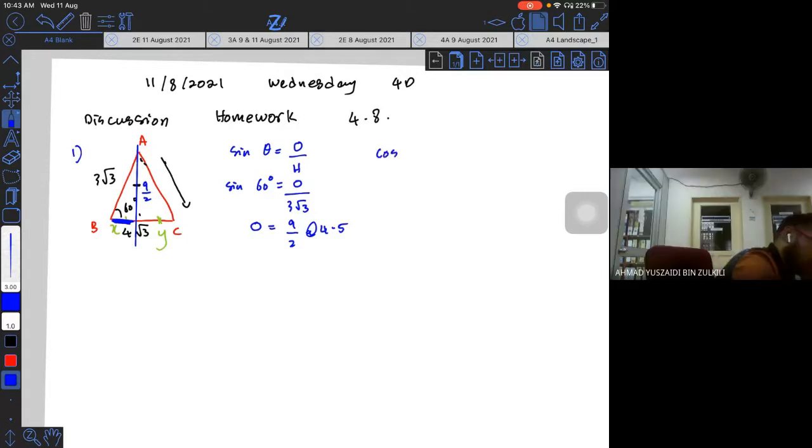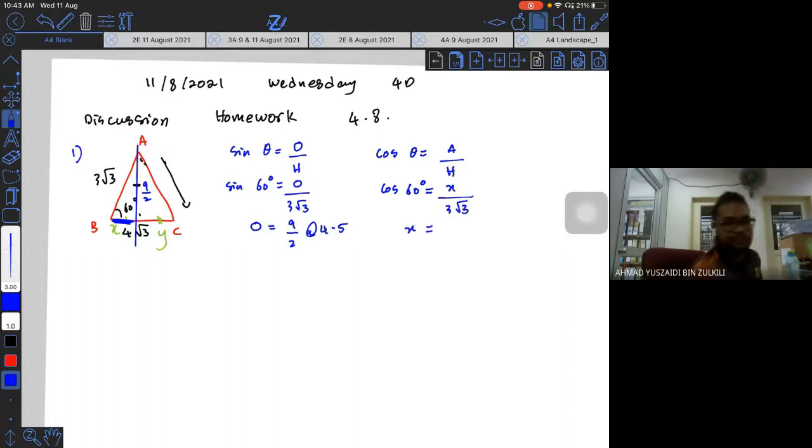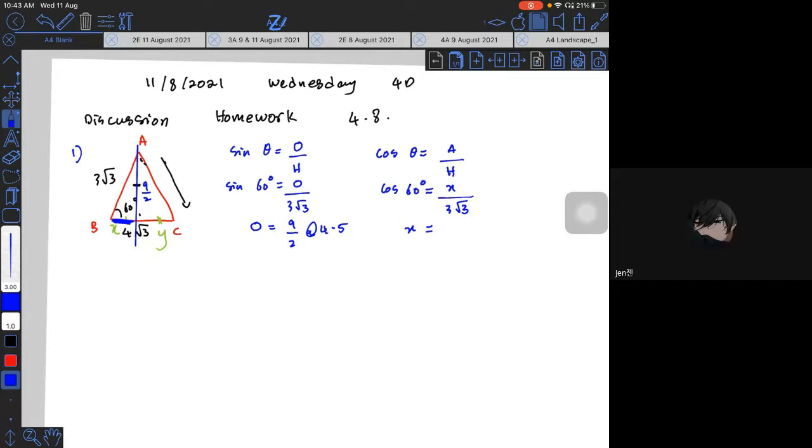Cos. Cos theta is adjacent over hypotenuse. So cos 60 equals adjacent, which is X, the one that we want to find, over the same hypotenuse. So what is the value of your X? 3√3 over 2.